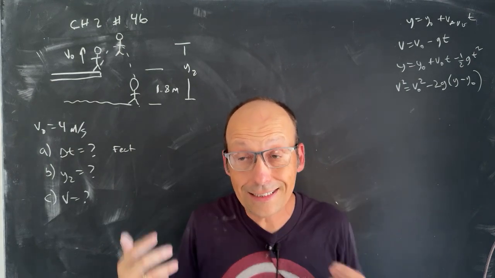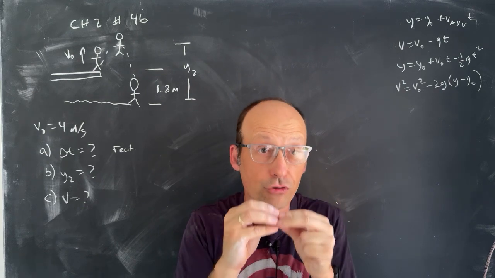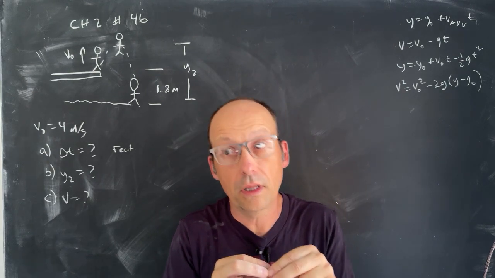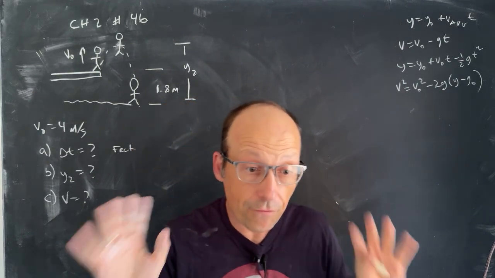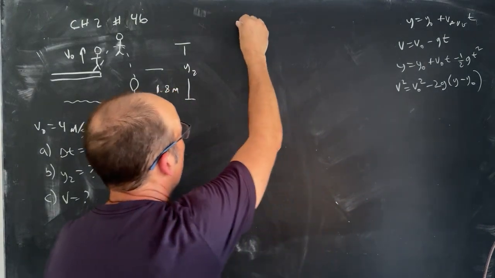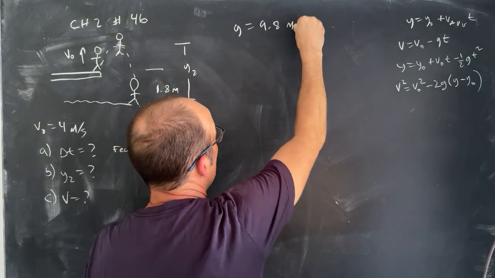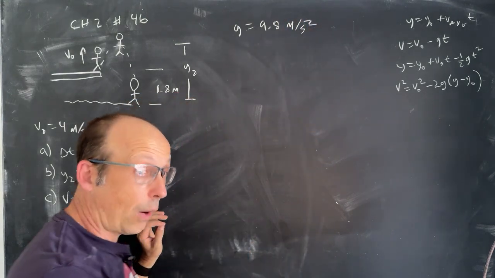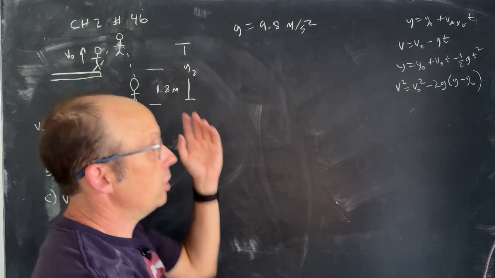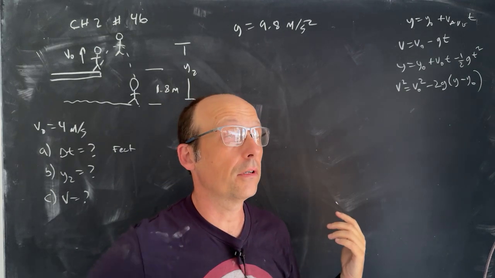So again, this is a kinematics problem, but it involves something new. It involves this g, this vertical motion with the acceleration for free falling objects. So let's put over here, really important, g as 9.8 meters per second squared. Now we're going to learn later that g is what we call the gravitational field. I think it's important to call it the gravitational field.